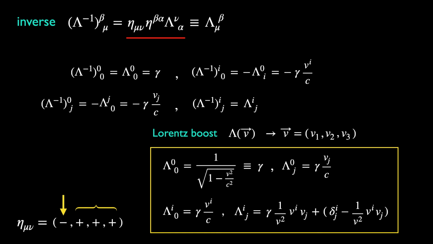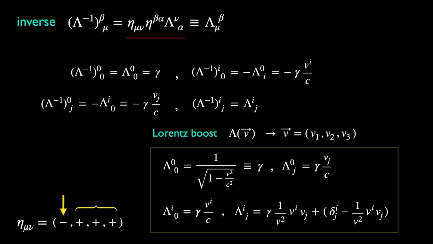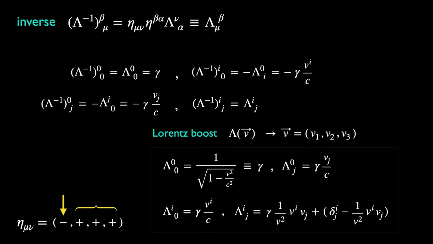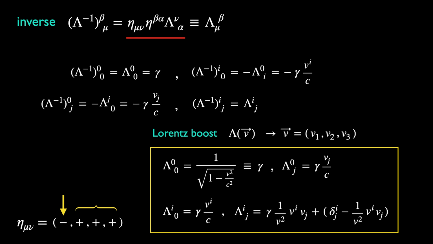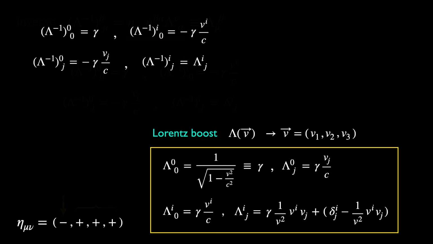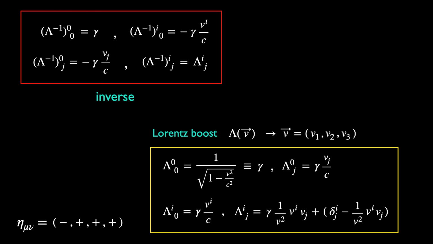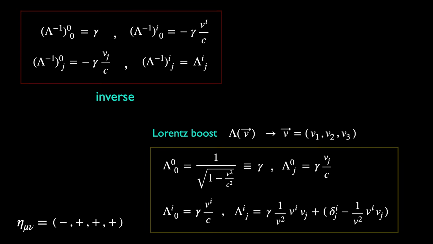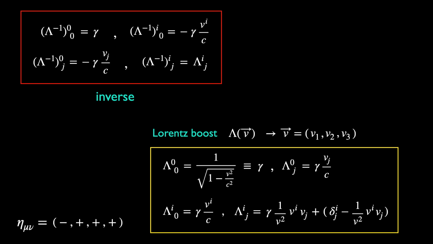These are the results of directly applying the relation underlined red to the yellow box. By comparing the red and yellow boxes, we can see that lambda inverse is actually just lambda of minus v.